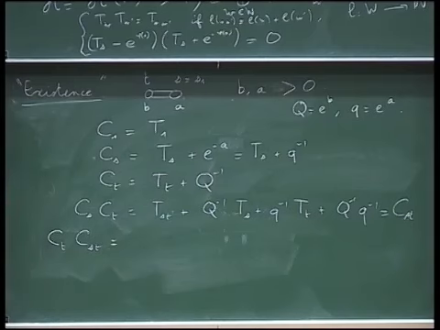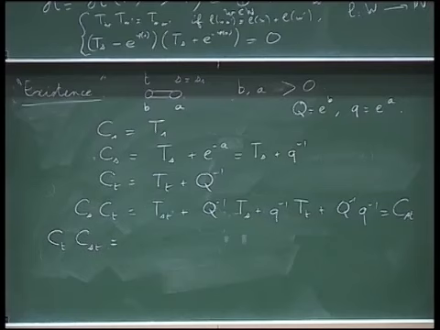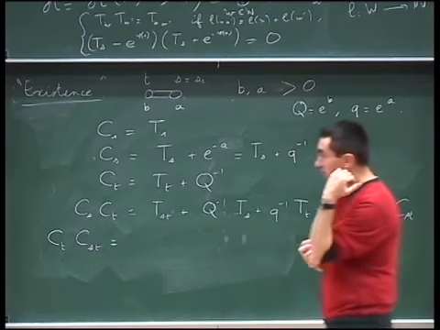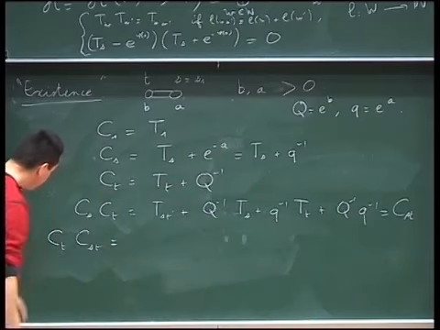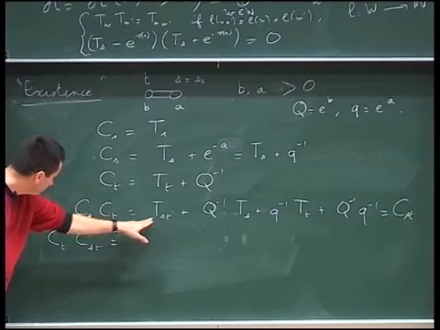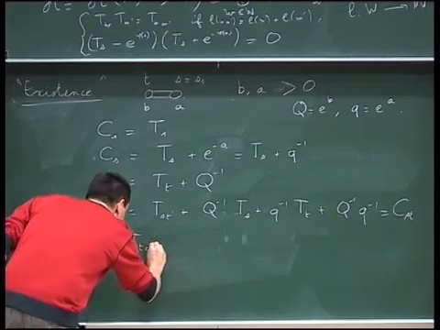Well, I don't want to write everything, but because I have only to work modulo the negative power, the negative part of H. So if I multiply the CT by CST, I will get T and index TST.